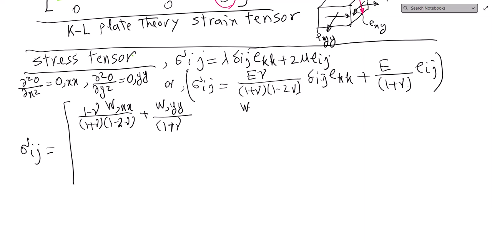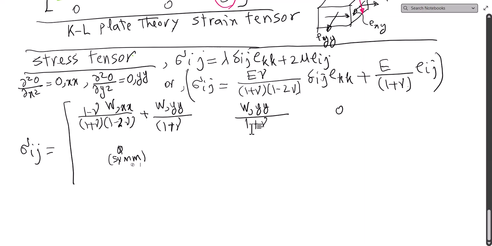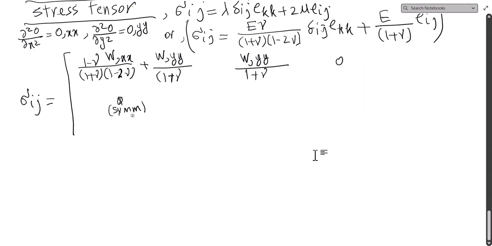And the next one is w comma yy, 1 plus mu, and 0. I don't write it again here, symmetry, meaning sigma 21 or sigma yx is equal to sigma 12 or sigma xy.